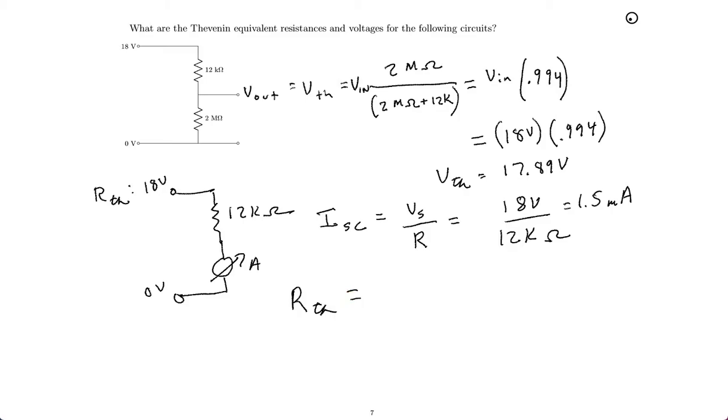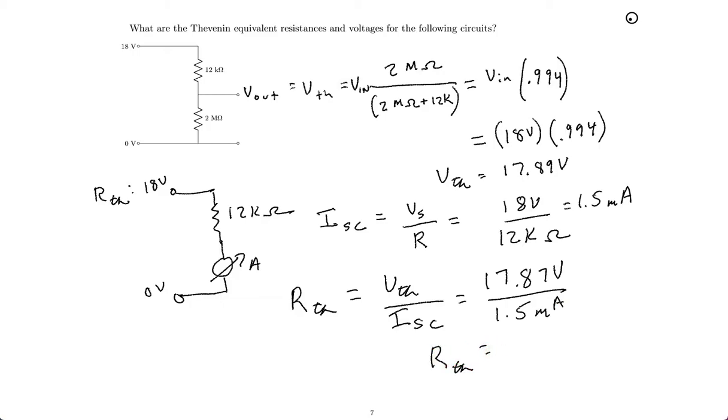and R TH is the Thevenin voltage, that is the open circuit voltage, over the short circuit current, which is 17.89 volts over 1.5 milliamps.